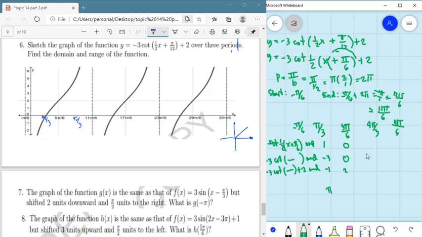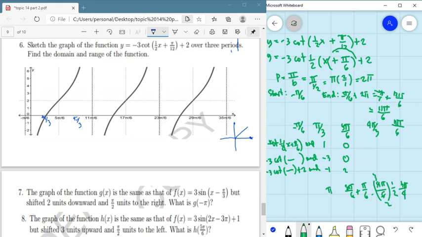Then we have 4 pi over 3. So 4 pi over 3 times 2 over 2, we have 8 pi over 6 plus pi over 6. That would be 9 pi over 6 times 1 half. Cancel the 3. So, it becomes 3 pi over 4.